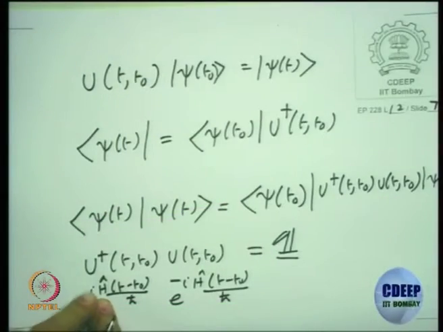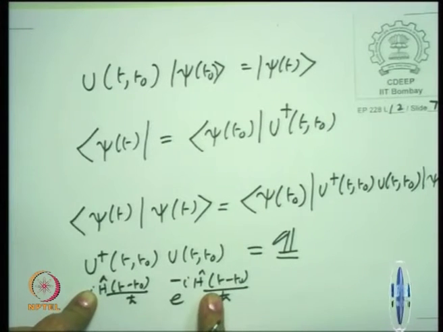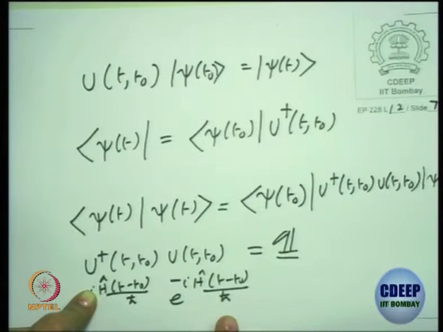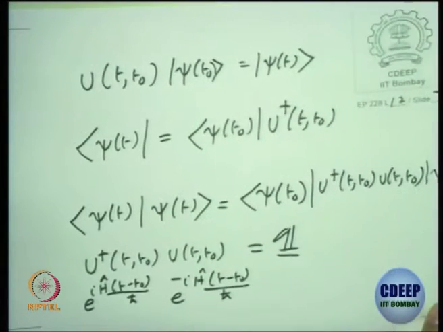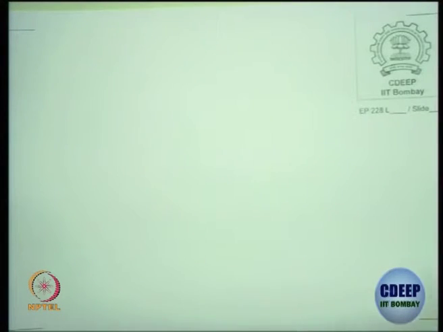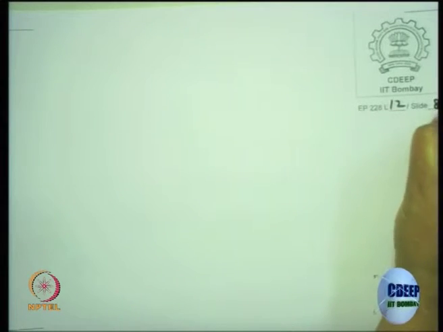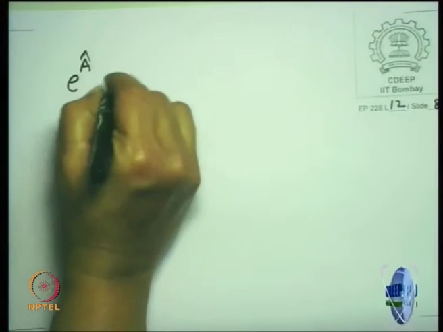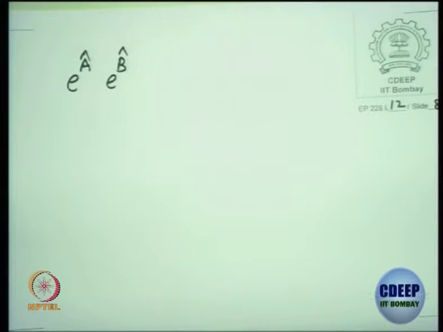Suppose I had an operator H here and some other operator here. I don't know what to do, right? What I'm asking is, suppose I have e to the a and e to the b. In classical mechanics, you would have written this as e to the a plus b. Can you do that here?